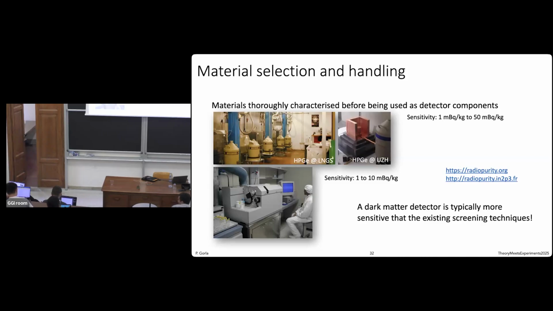The fact is that dark matter detectors are typically more sensitive. So your final detector is more sensitive than any screening technique available on the market, let's say, where the market is typically astroparticle physics labs, not other than that.